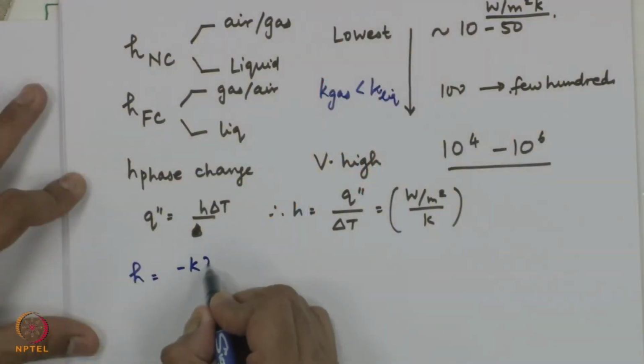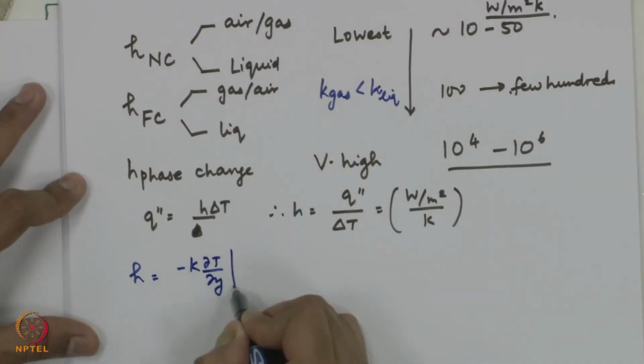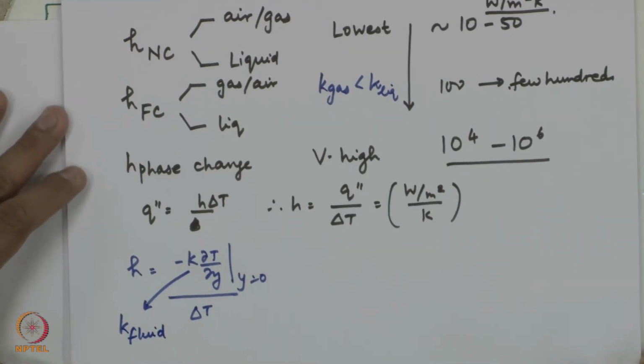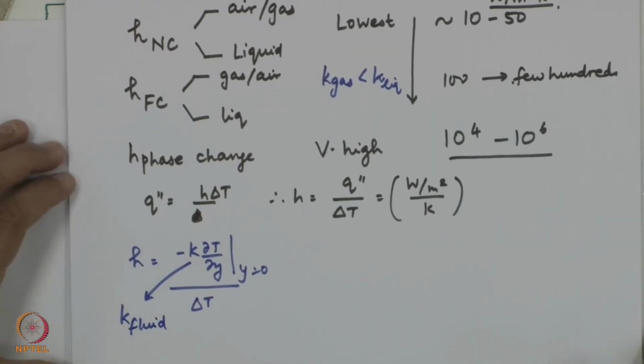Why? The thermal conductivity of gases is lower than liquid. And we saw that H is minus k dT by dy at y equal to 0 divided by delta T. This k is the k of the fluid, not of the solid. So, thermal conductivity of the gas being low, the heat transfer coefficient would be low.